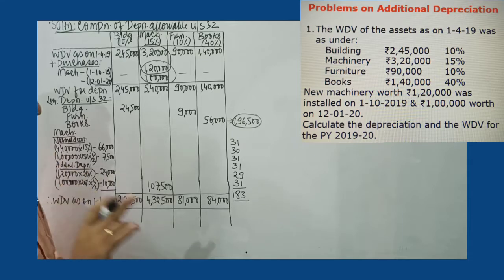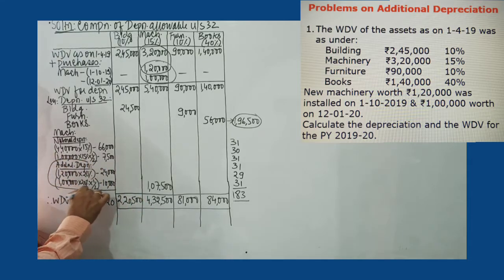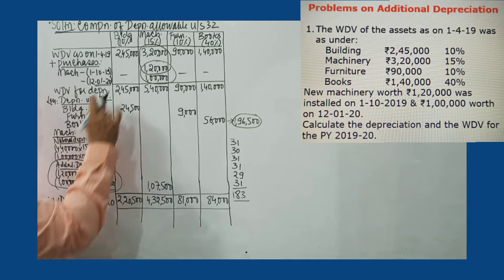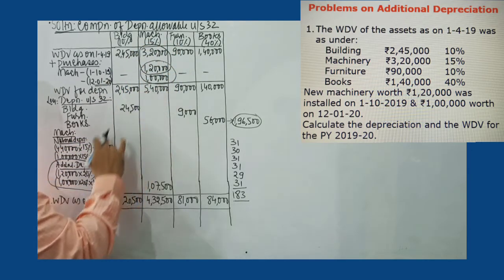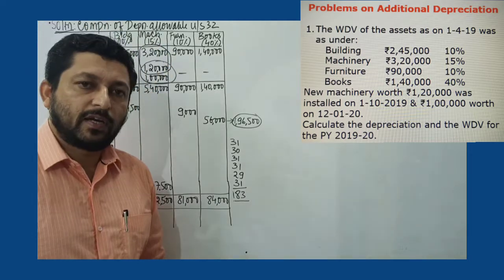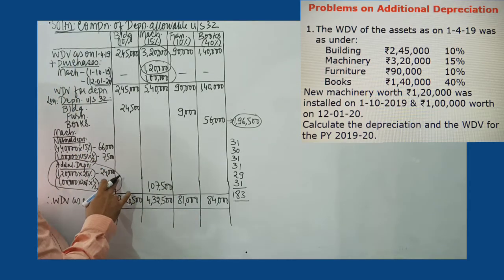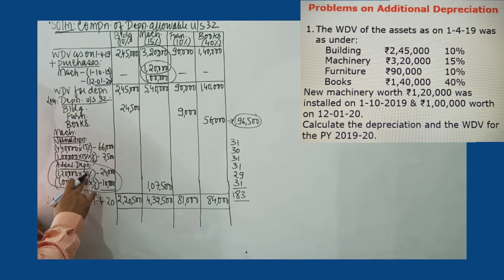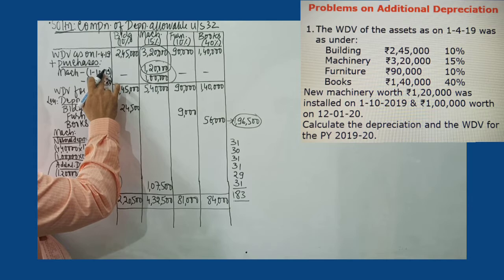So a very important point on additional depreciation. The rate of additional depreciation is 20%, though the block rate of machinery is 15%, and it is applicable only on plant and machinery installed and used in the factory, used in production or manufacture. And the additional depreciation rate is 20% on this 1,20,000 because it is purchased and used for more than 180 days.